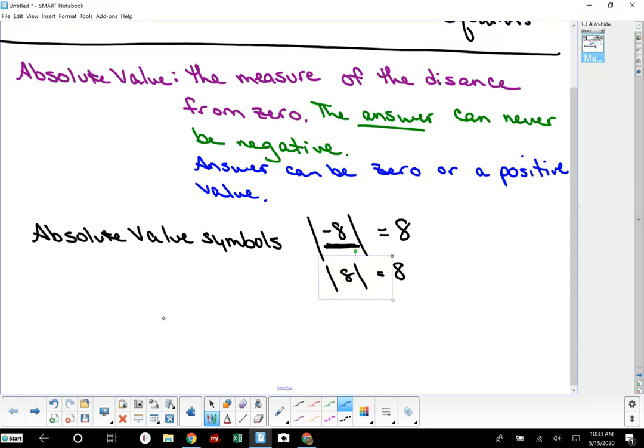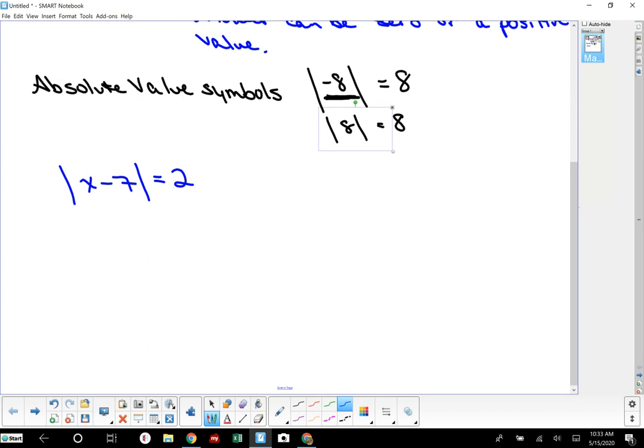So really basic, right off the bat, you might have something like the absolute value of x minus 7 is equal to 2. Well, some of you can see that if I put a 9 in here, 9 minus 7 is 2. And that's true.